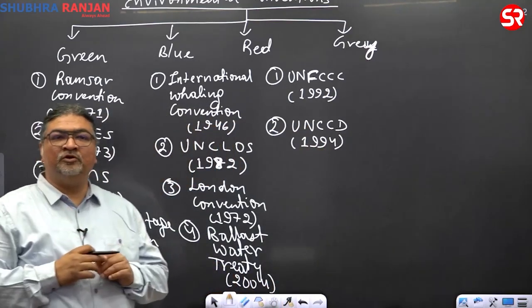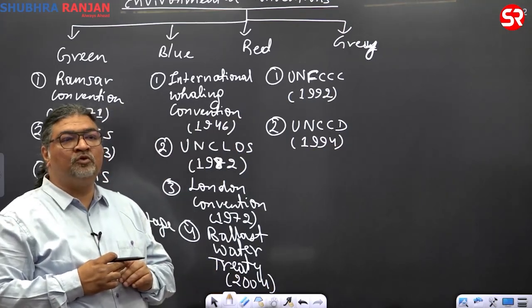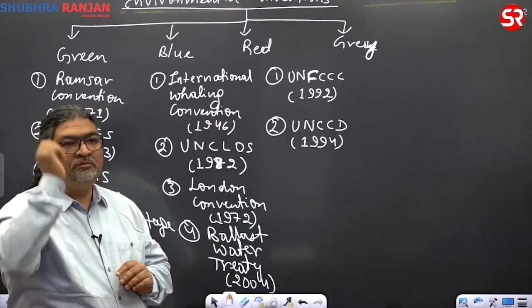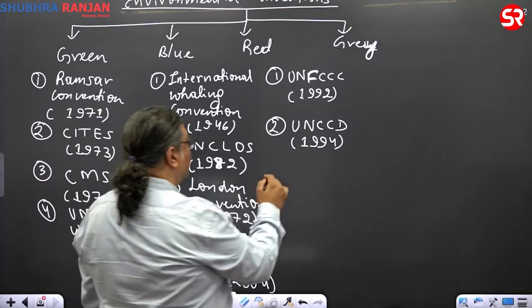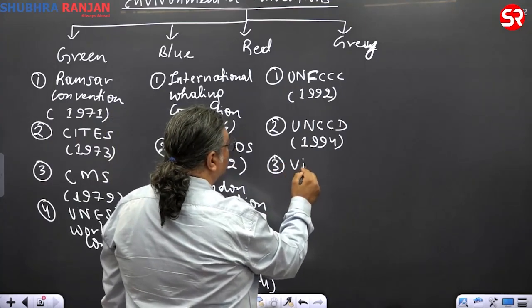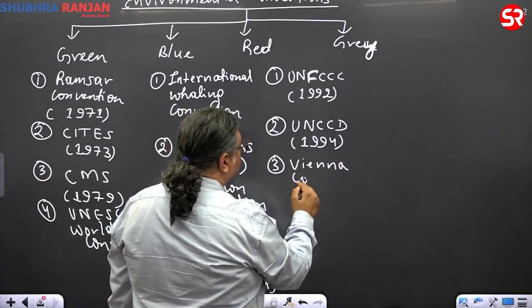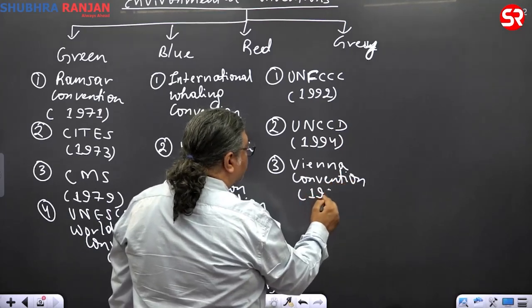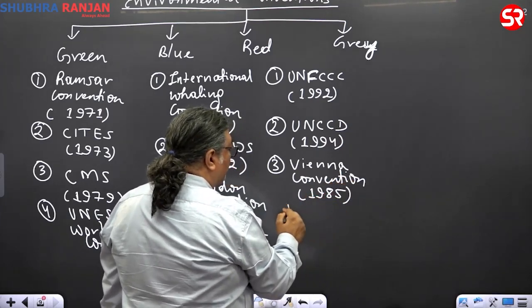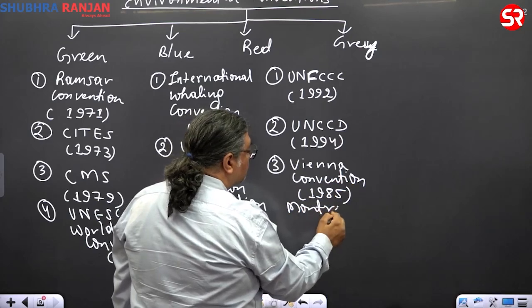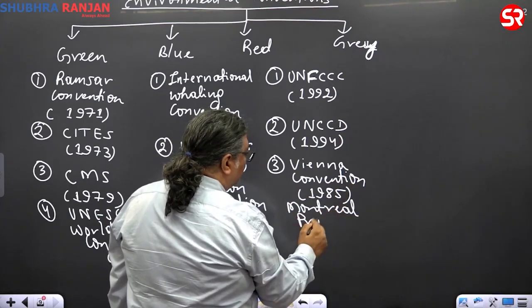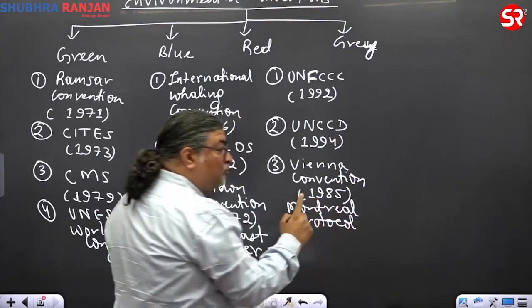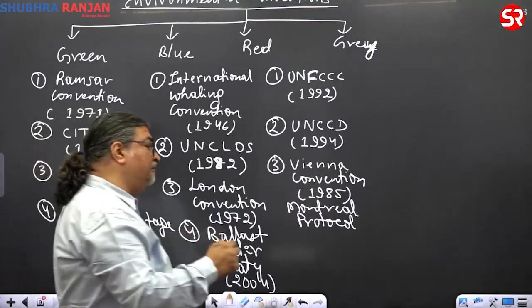Another crisis you are aware of is the stratospheric ozone layer, the ozone hole, Vienna Convention. The Vienna Convention was brought in 1985, and under this there is the Montreal Protocol to phase out ozone depleting substances, which came in 1987.